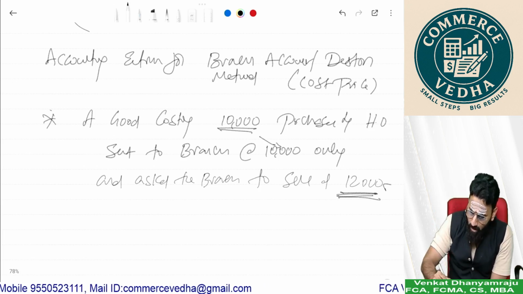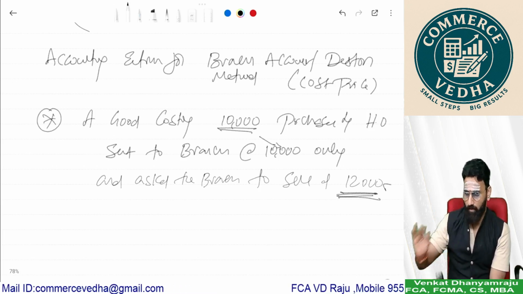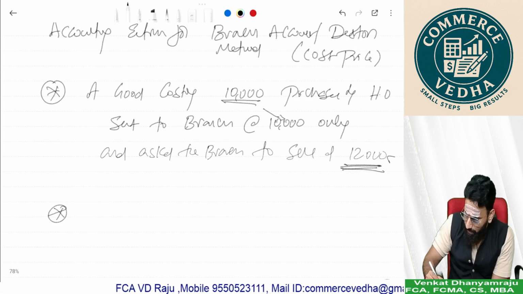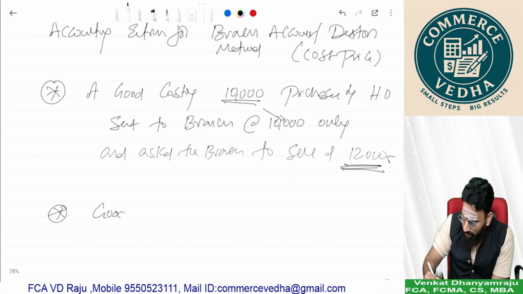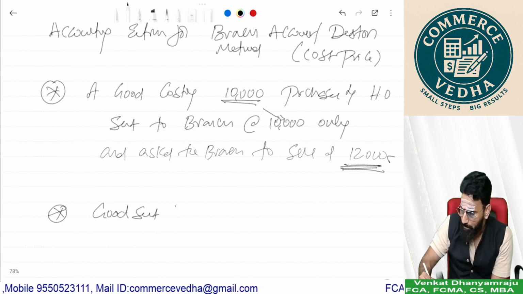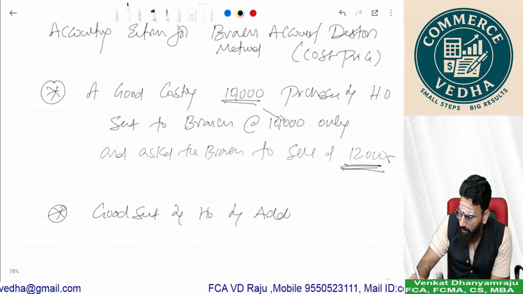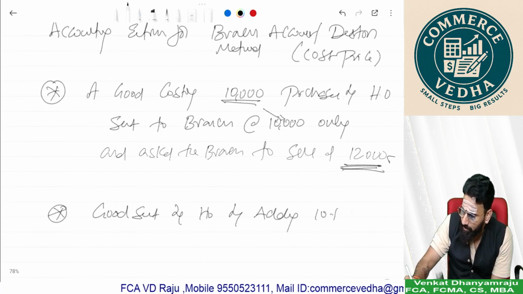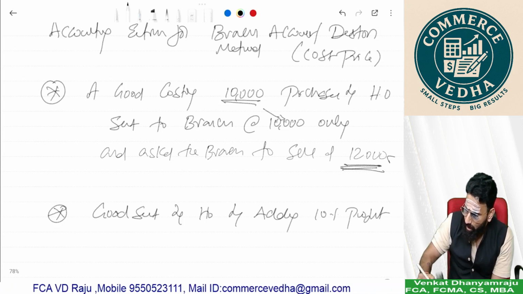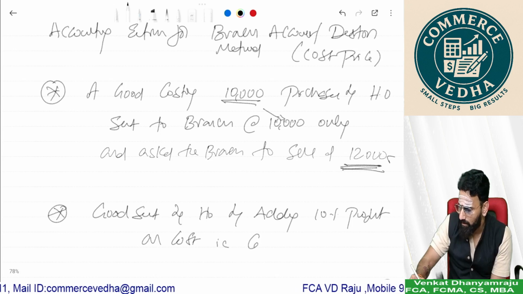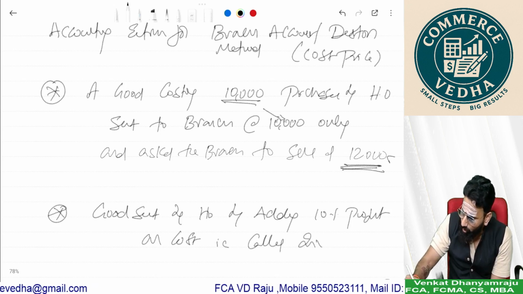How do we account in this method? We should learn. And the second one, if the goods are sent by HO by adding 10% profit on cost, that is called invoice price.